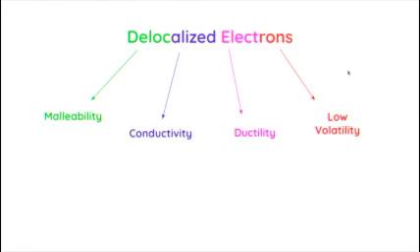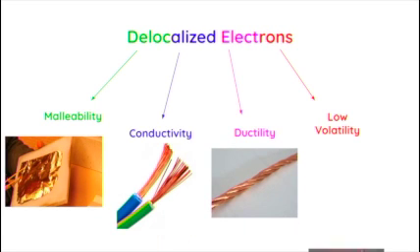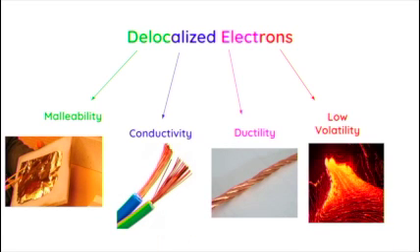So these four main properties of metal that are easily identifiable because of the sea of delocalized electrons are malleability, conductivity, ductility, and low volatility. First we've got malleability, which is the ability of this metal to be hammered out and spread thin, so that these atoms are not stacked on top of each other but just spread thin.